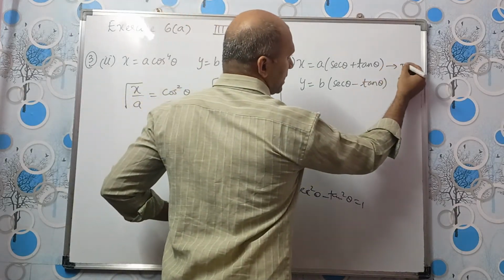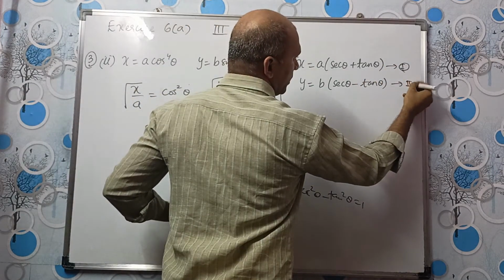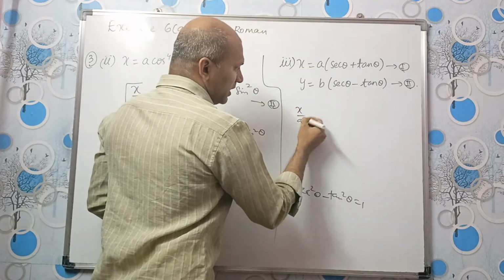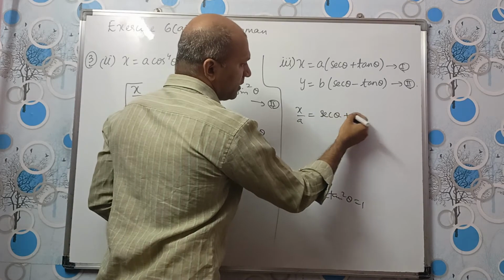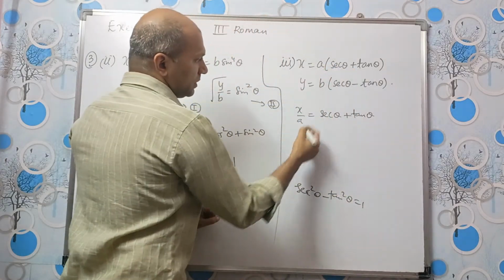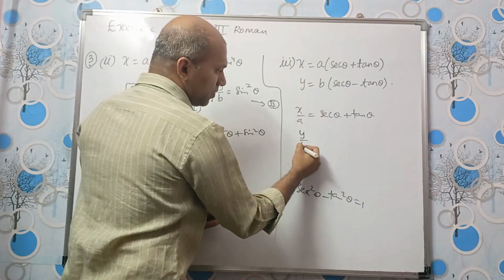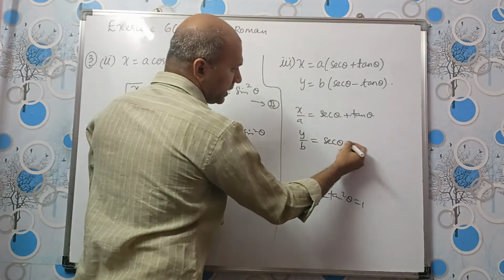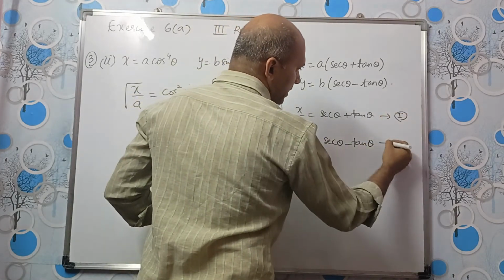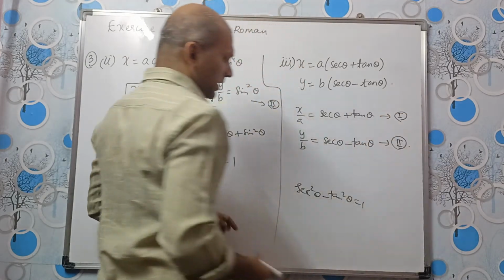So let us write it as x/a = secant plus tan. This a goes on the other side and becomes division. So y/b = secant minus tan. This is the first bit, this is the second bit.